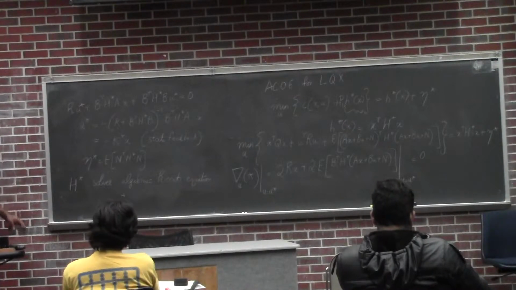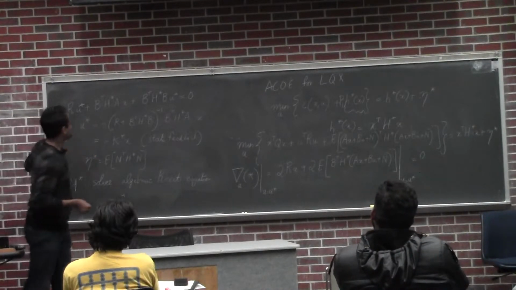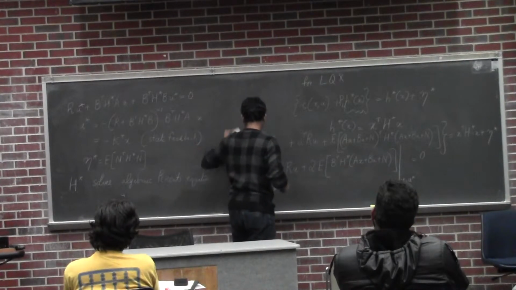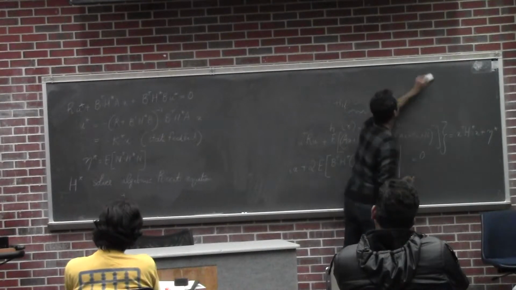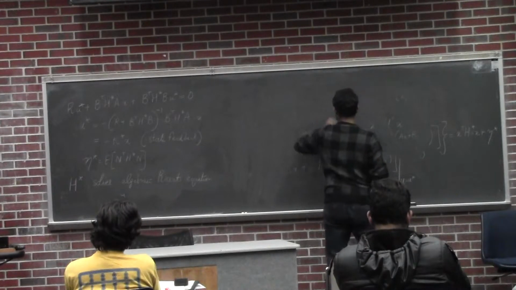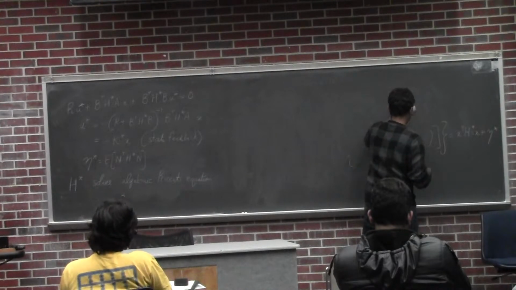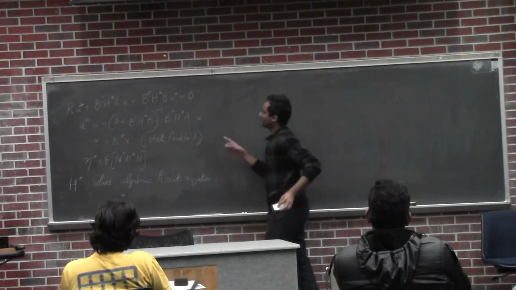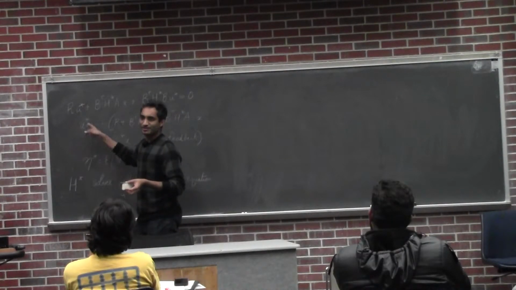Any questions? Any other questions? So at this point, we have a closed form solution for the optimal policy for an LQX system, or for a fully observed LQX system, right?